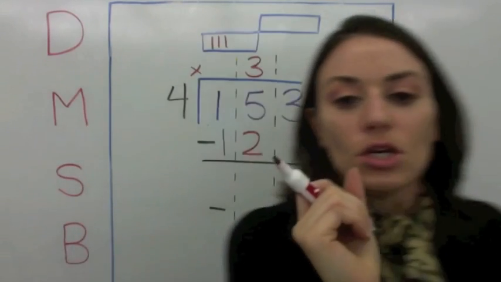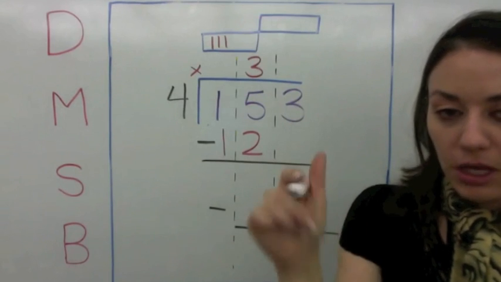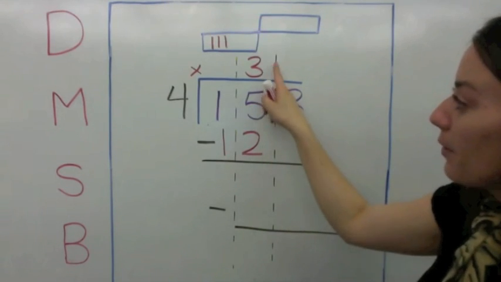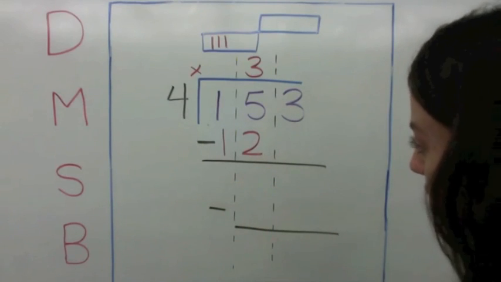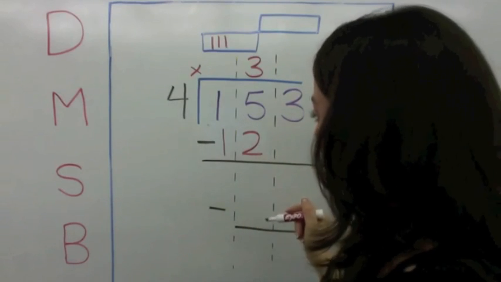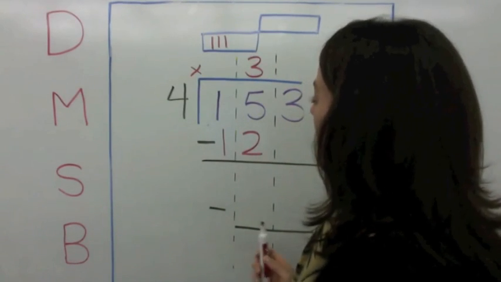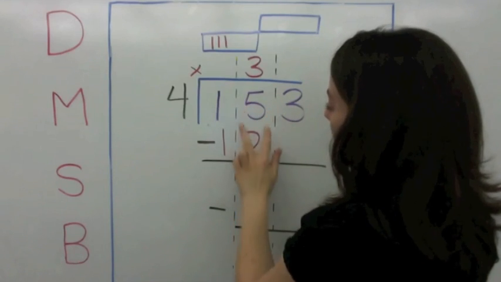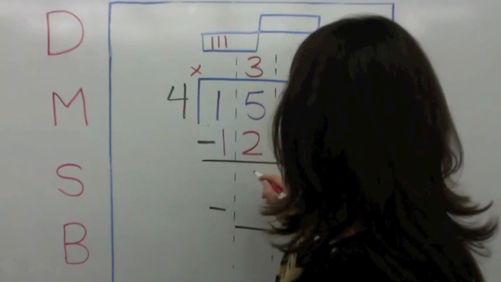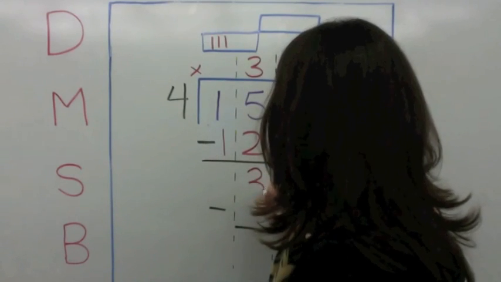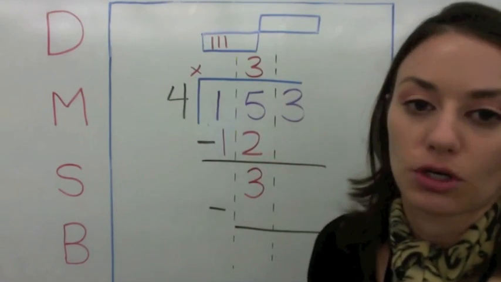All right. So, do we all understand this part? You put the 3 above what number? You put it above the 5 or the second digit. Okay? All right. So now you're going to subtract 15, take away 12. So 15 take away 12, just please look at the ones place, which is 5 take away 2. You say 5, 4, 3. Okay? So my friends, what is your remainder here?